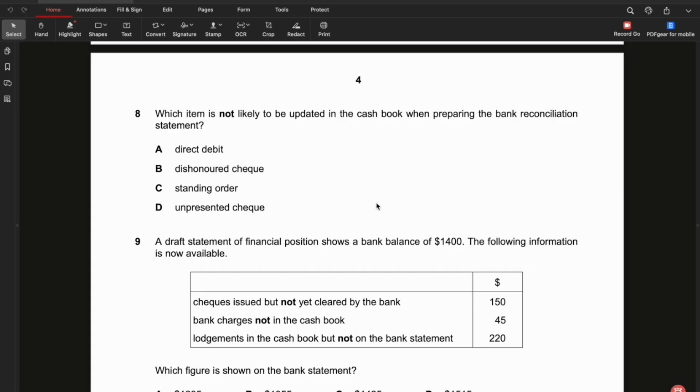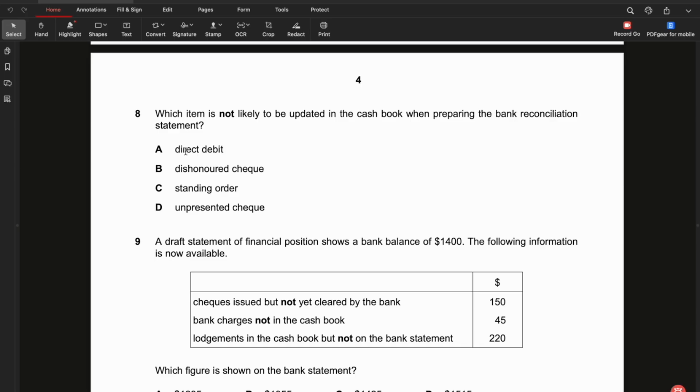Okay, so here they are asking you, when you update the cash book, which entry will you not write? First one, direct debit. So direct debit means it was directly debited from my account. So the bank is saying that I had to pay some amount and it was directly debited from my account.